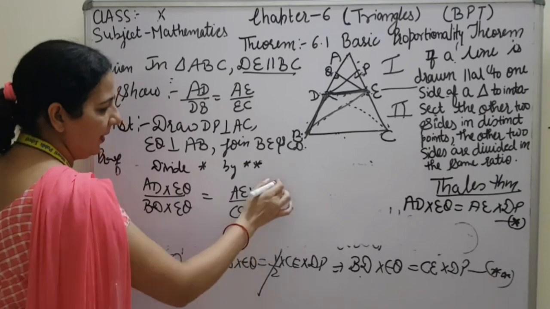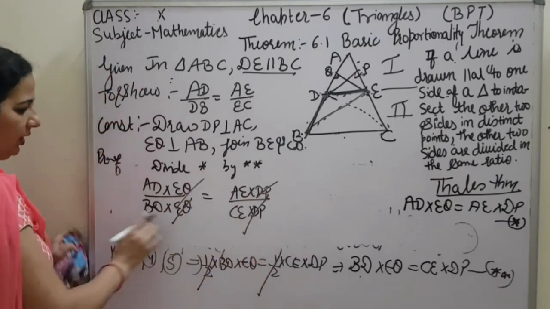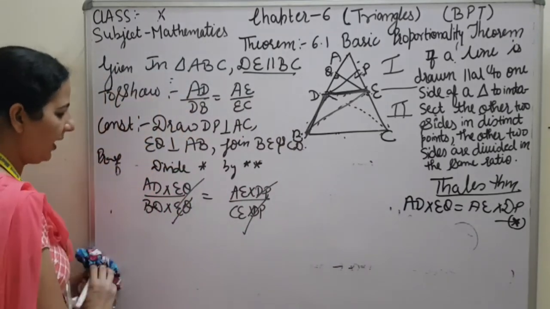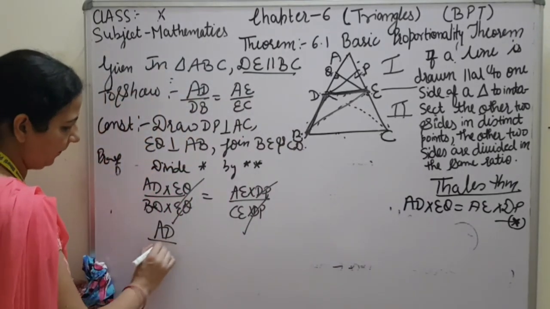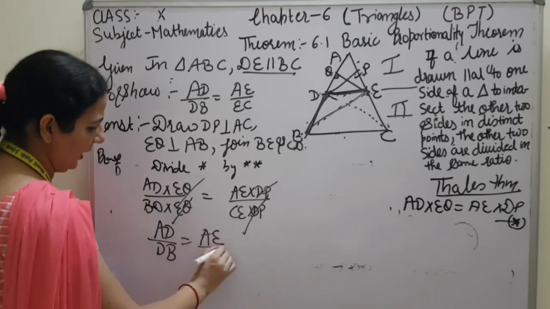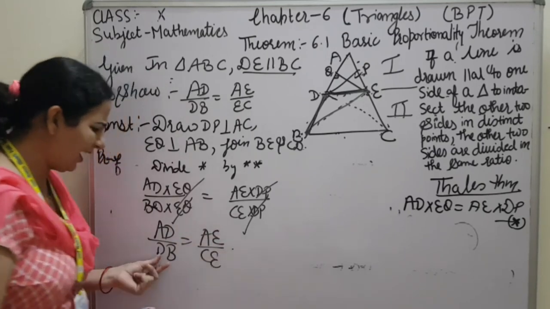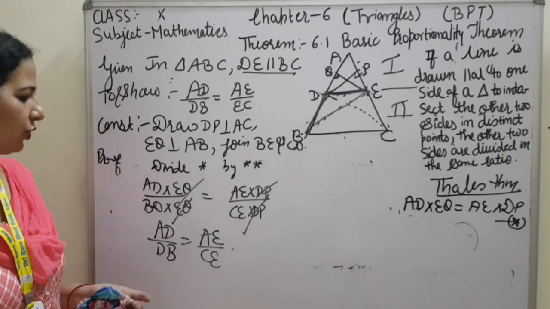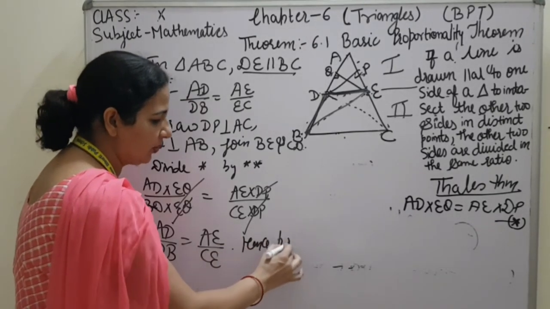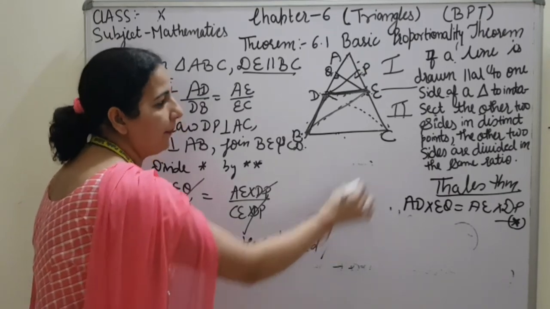Now DP and DP cancel, and EQ and EQ are also cancelled. So we are left with AD upon DB is equal to AE upon CE. Fine, you can write BD also and you can write DB also. So here we can write hence proved, but before writing hence proved, you should write the complete statement.